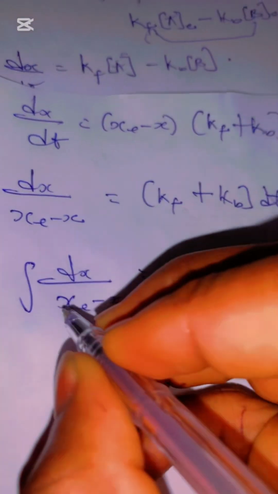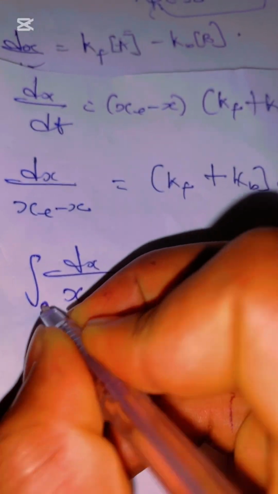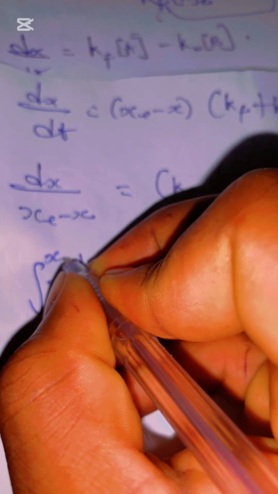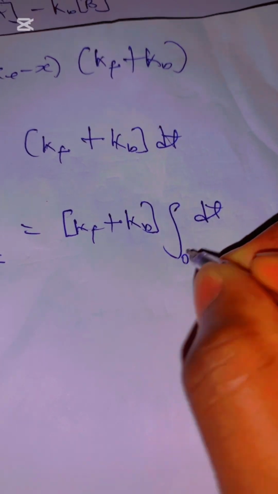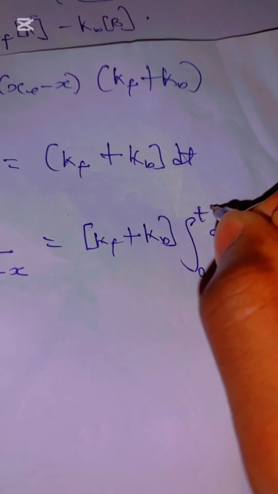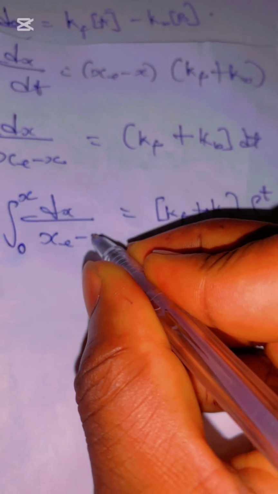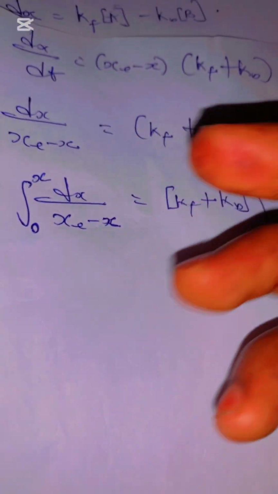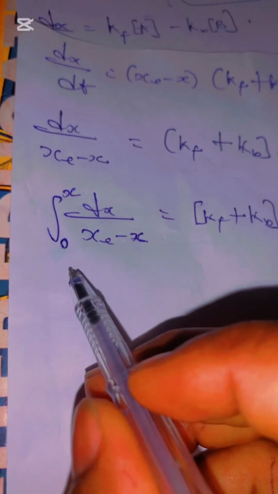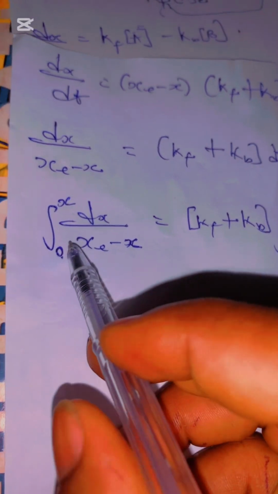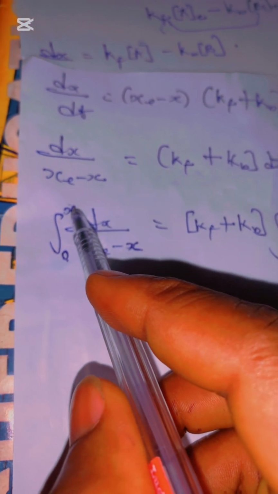Now this is actually good. So this is actually from 0 to x, and this from 0 to t. Don't forget, why is it from 0 to x? Because this x signifies the amount of a that is removed. So when I start, I have not removed any a, so till the amount of a that I removed.